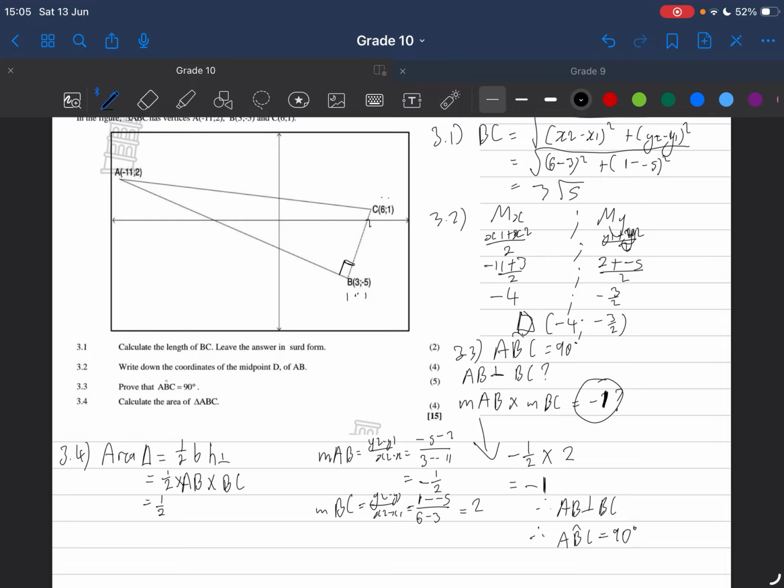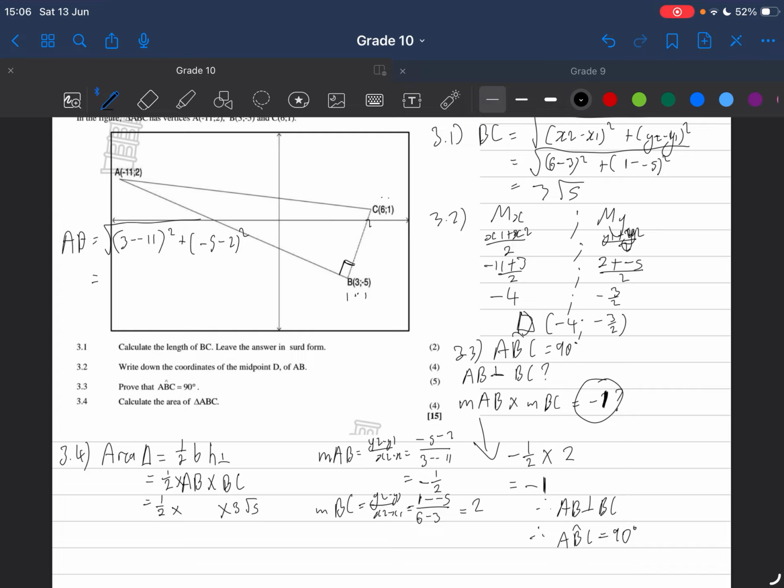So a half times. Now we already worked out the length of BC, so that's going to be 3 root 5. We need to work out the length of AB. So AB is equal to the square root of (3 minus 11) squared plus (negative 5 minus 2) squared.